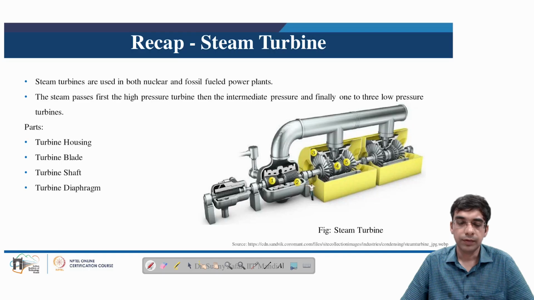Here the steam first passes at high pressure in the high pressure turbine part, and then it enters the intermediate pressure, and then finally to 1 to 3 low pressure turbines. So these turbine parts form an essential assembly part of the steam turbines, which include housing, blade, shaft and diaphragm.